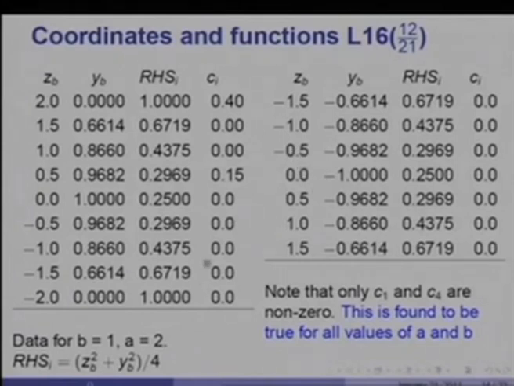I find that only constants C 1 and C 4 are finite. All other constants are identically 0. In fact, no matter what values of A and B you take, you will always find this for the special case of an ellipse, that only C 1 and C 4 are finite. The rest of the coefficients turn out to be 0, which makes for a very elegant solution.